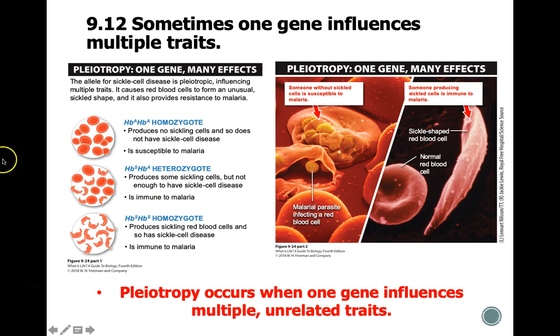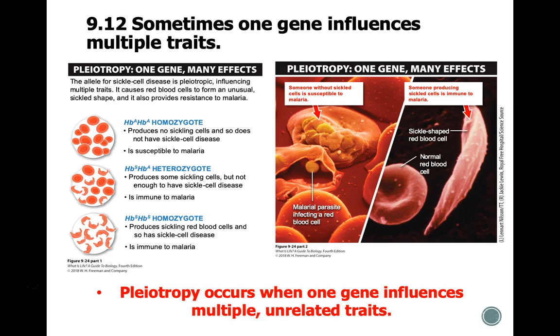So you end up with an advantage of being a heterozygote in a situation where malaria is present, because you're not going to die from malaria since your blood cells can't be infected, and you're also not going to die from sickle cell. So in a way this is pleiotropic because the gene for sickle cell does give you an immunity to a different disease on top of the other characteristics of the disorder.